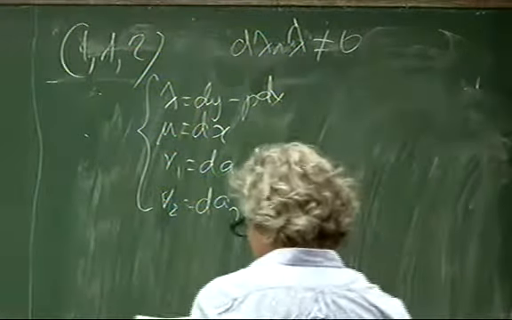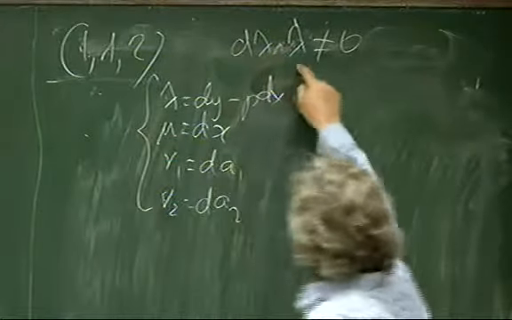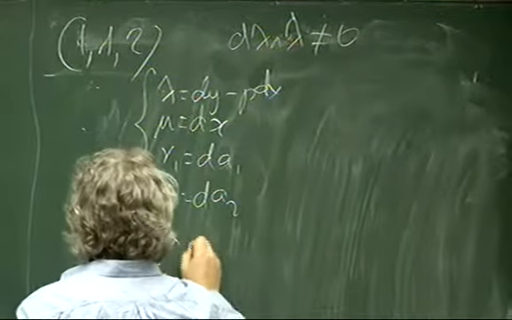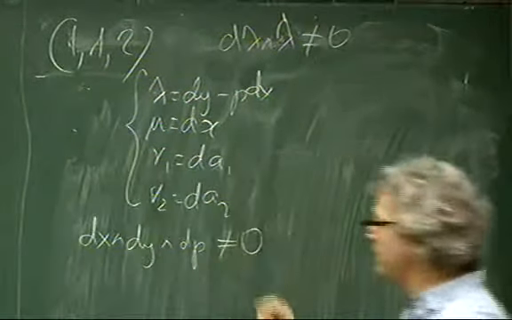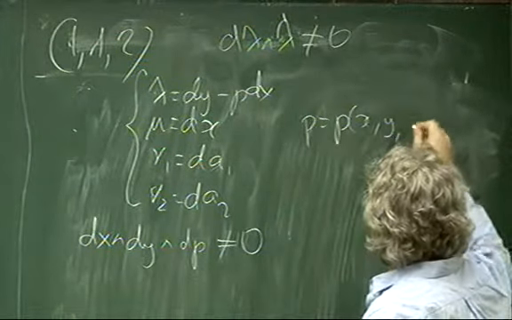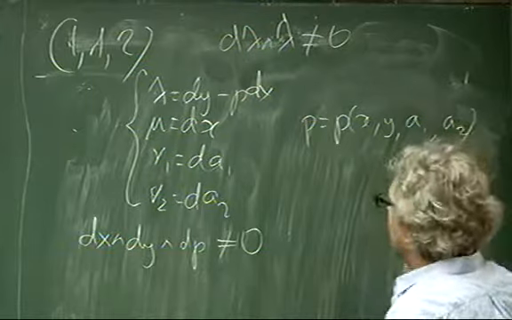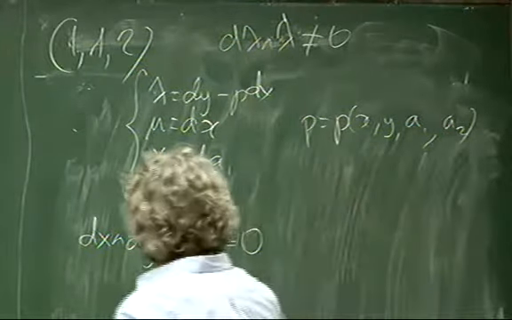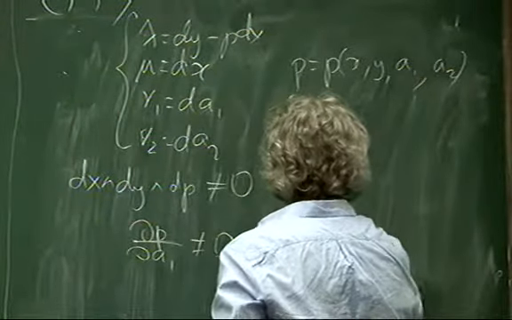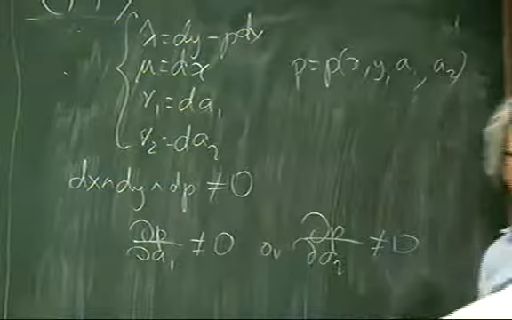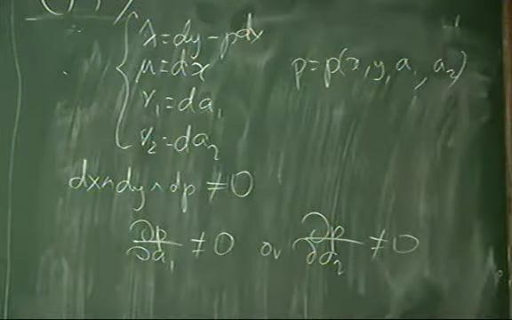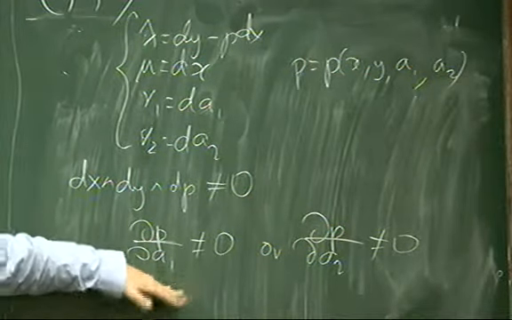This is not that easy, but this condition tells me again that dx ∧ dy ∧ dp is not equal to 0, which means that the function p, which is a function of x, y, or all coordinates a2, has to have either ∂p/∂A1 not equal to 0 or ∂p/∂A2 not equal to 0, right? So now I can, without loss of generality, say that it is this condition that is satisfied.